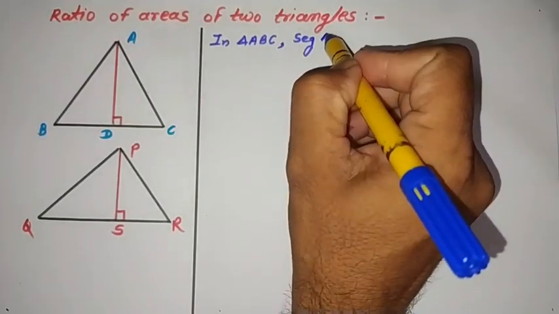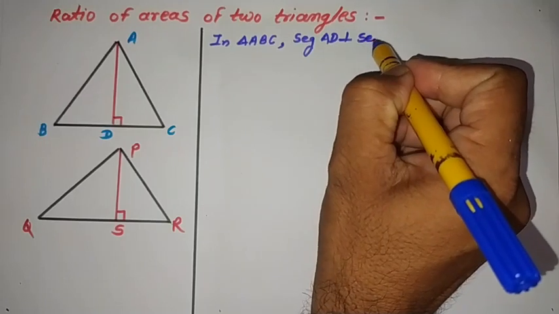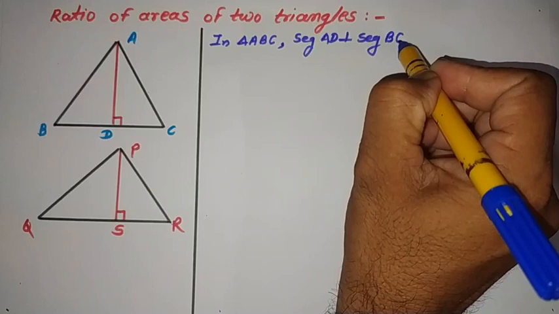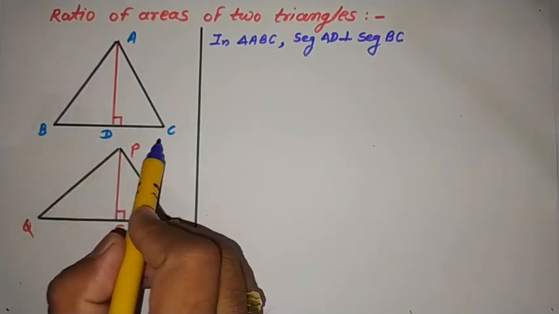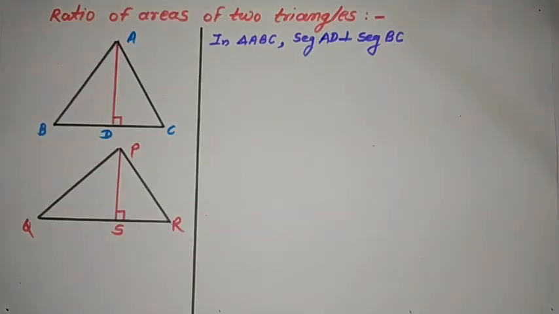In this triangle, BC is the base and AD is the height.